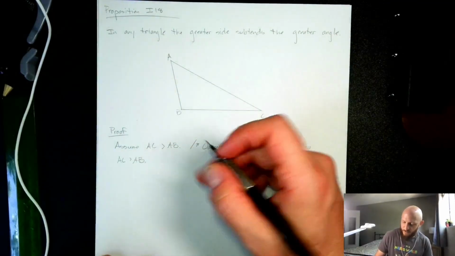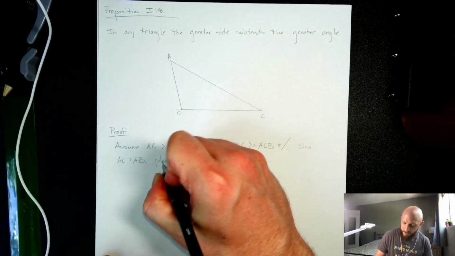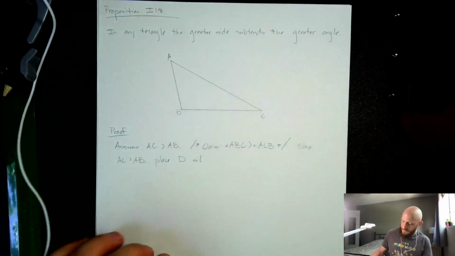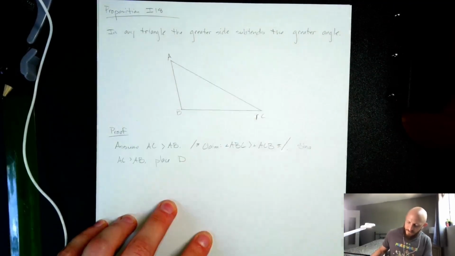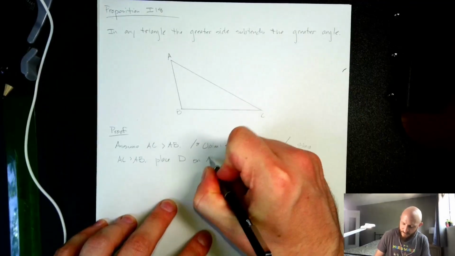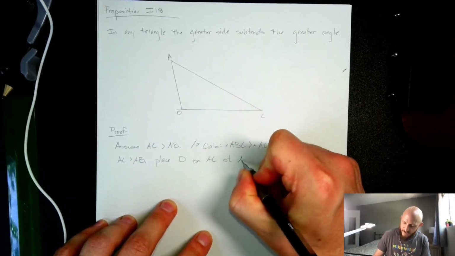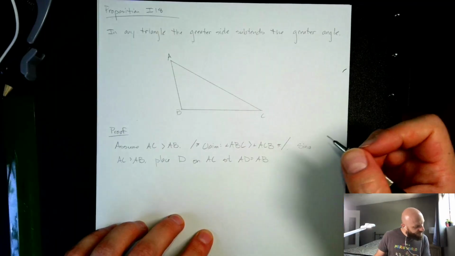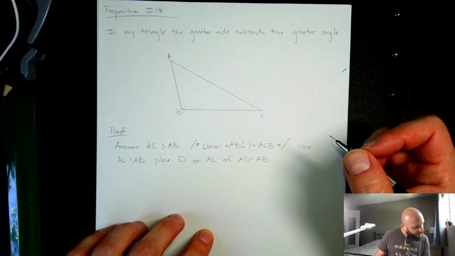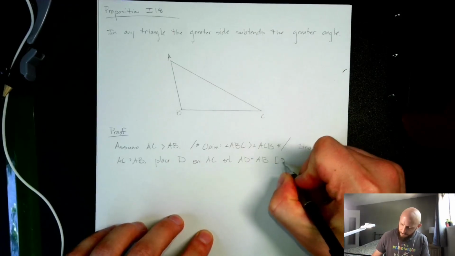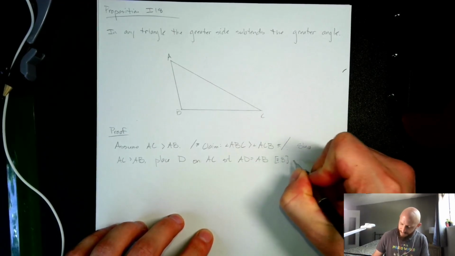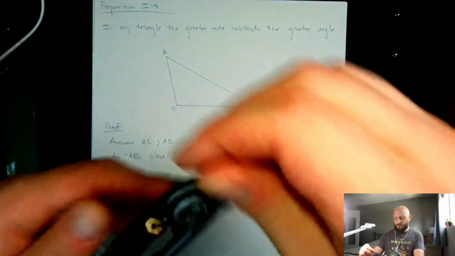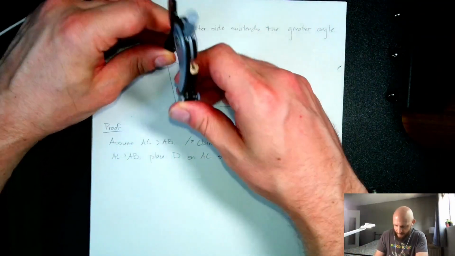So since AC is greater than AB, place D on AC, such that AD equals AB. And this should be cited: it's Proposition 3. It's also just, you make a circle and see where they intersect.